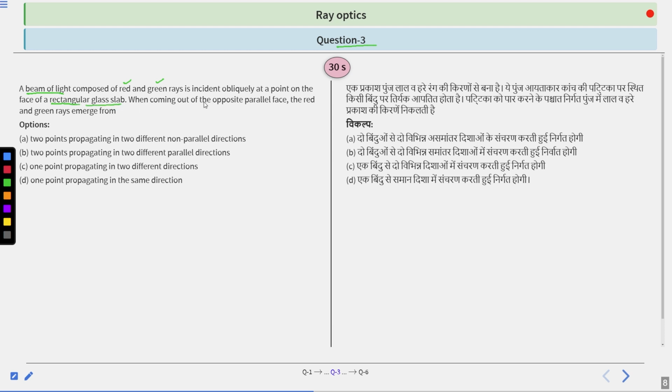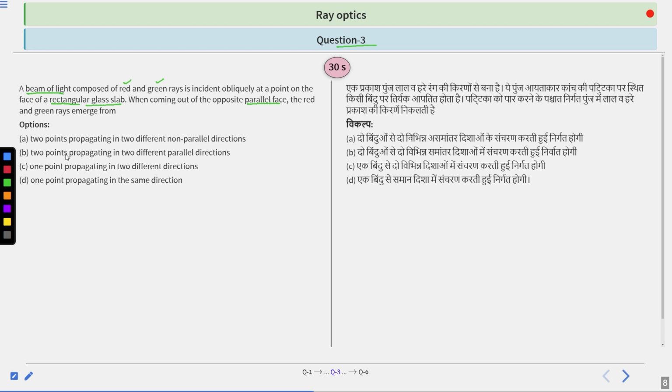When coming out from the opposite parallel face, the red and green rays emerge from what? So this question asks what will change after the rays come out from the opposite parallel face. Given options: option A is 2 points propagating in two different non-parallel directions.